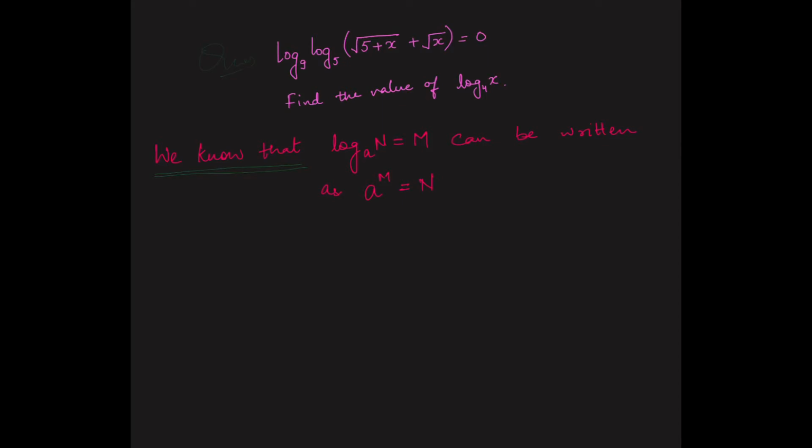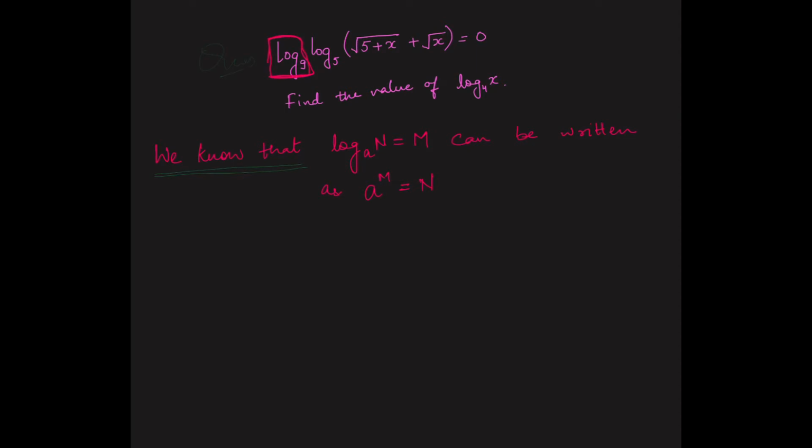Now, we know that log base a of n is equal to m. With that, we can convert it into exponential form, and that will become a to the power of m is equal to n. So with that in mind, we will solve the first log given in the question, which is log to the base 9.